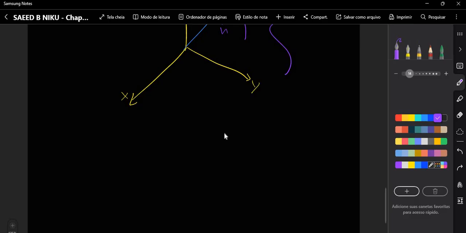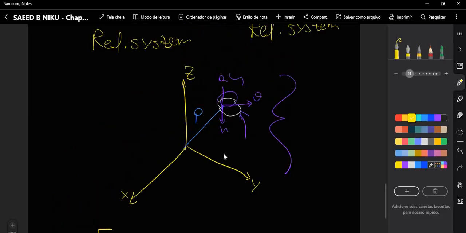A referential can be represented in matrix form, in which we have the origin of the referential and the three vectors that represent its orientation in relation to the referential of reference.